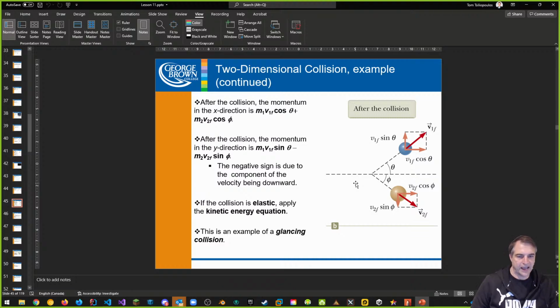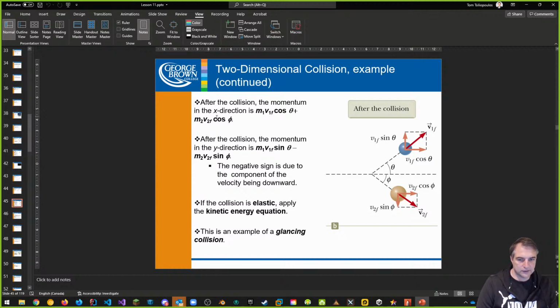So what happens is, after the collision, the momentum in the x direction is m1v1 final cos theta plus m2v2 final cos phi, where phi is the amount of angle away from the horizontal, and theta is the amount of angle away from the horizontal for the other object. Both objects are not quite aligned. One is above and one is below from the horizontal.